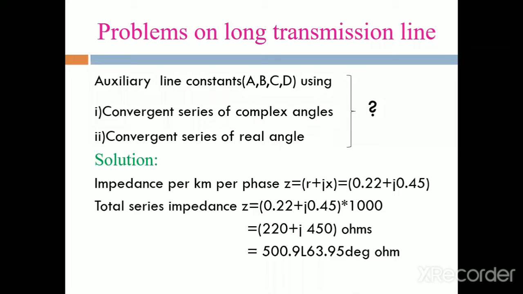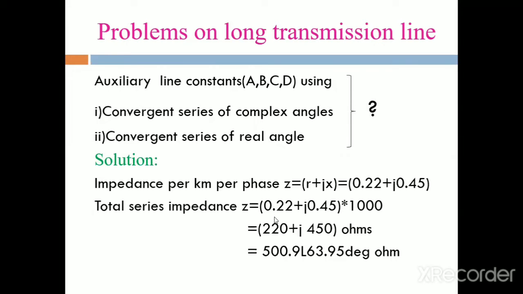By using the real angle method, we determine the ABCD constants. This is the given data, and by using the data, we determine the ABCD parameters by using the complex angle and the real angle methods.